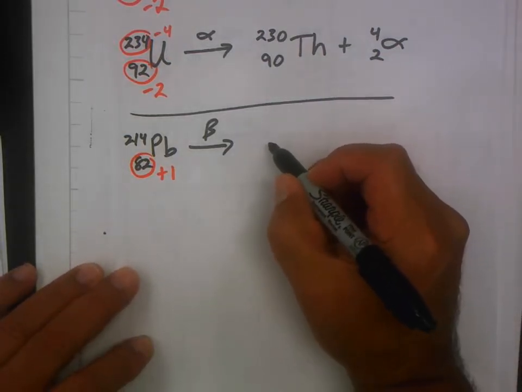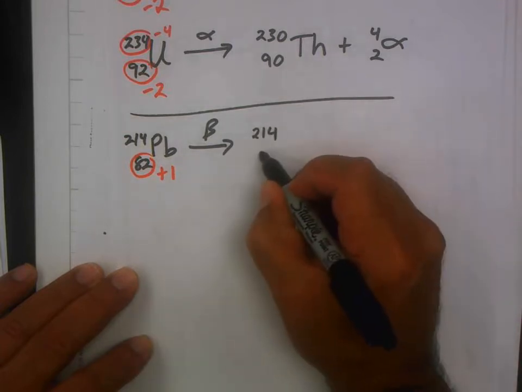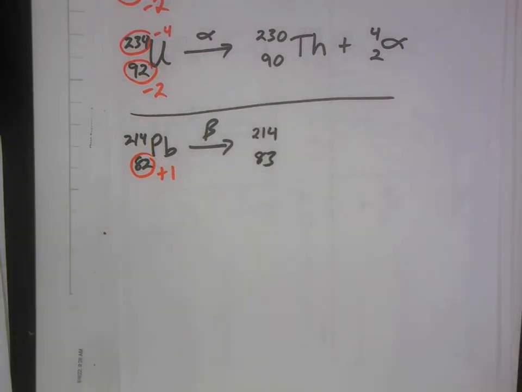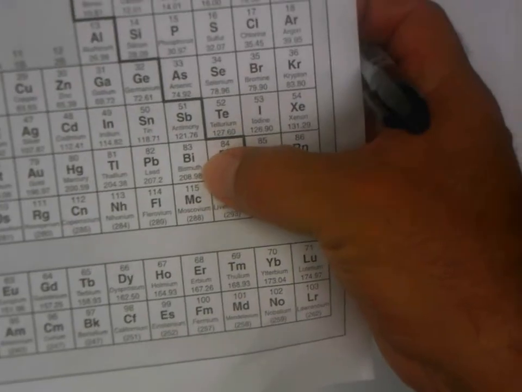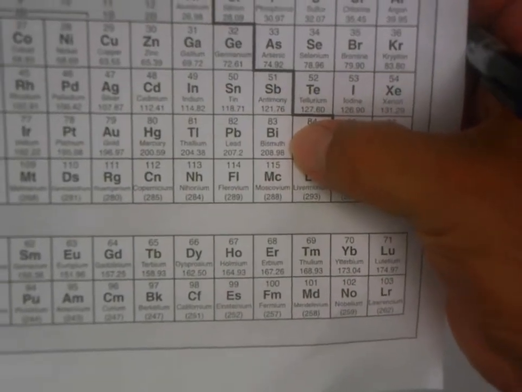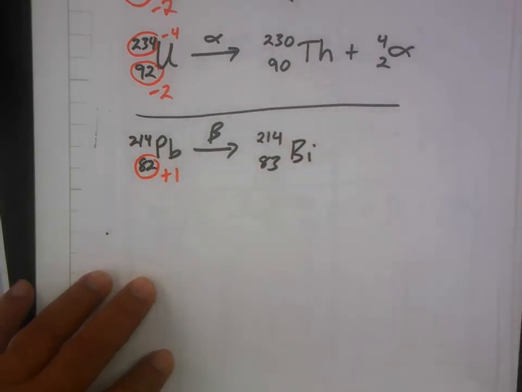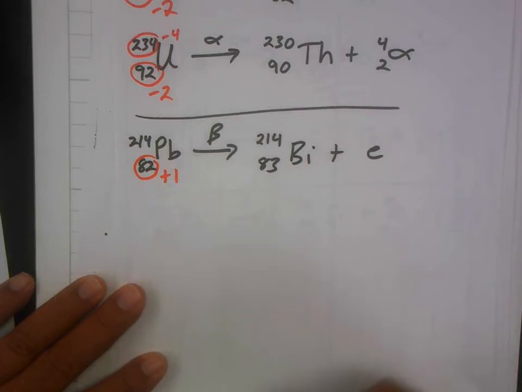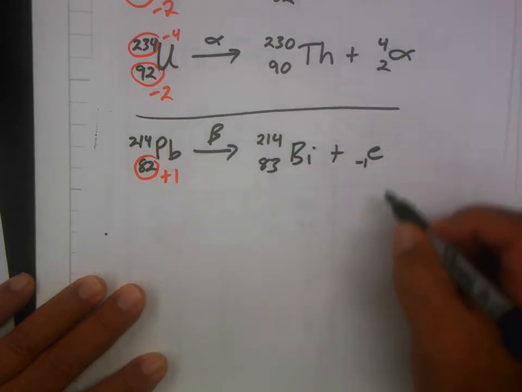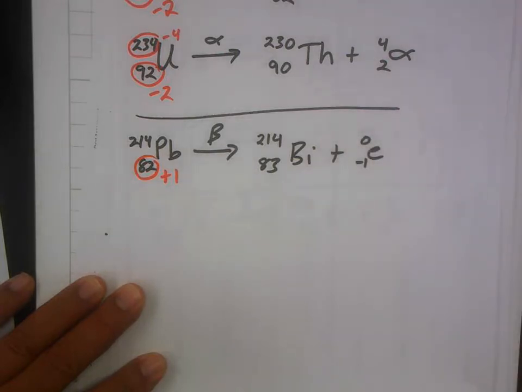So now we're going to end up with an atom with mass number of 214, but an atomic number of 83. Now I have to look up what atomic number 83 is. Yes, 83 is Bi, bismuth. So the symbol we'll use is Bi, plus, in this case, a beta particle. Remember the symbol is e with a -1 atomic number and 0 for mass number.